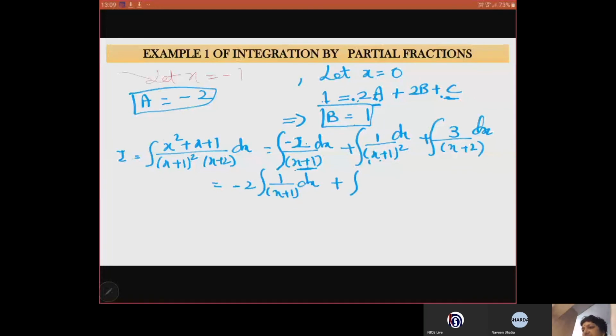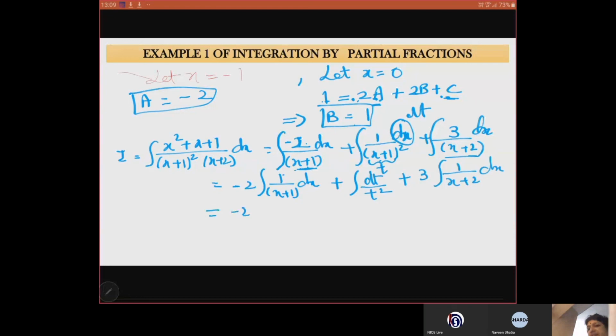If I substitute x plus 1 as t, dx would become dt. So this would reduce to the form dt upon t squared, plus 3 into the integral where the derivative of x plus 2 is 1, which we have in the numerator. So I rewrite it as it is.